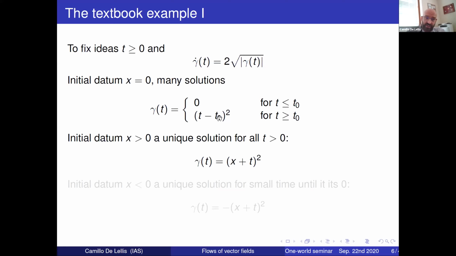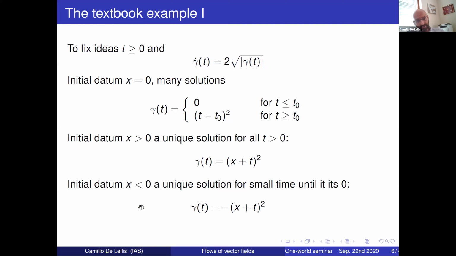On the other hand, if the initial datum is positive, if x is bigger than 0, then you have a unique solution for all time t bigger than 0, and this is the explicit solution. If the initial datum x is less than 0, you get a unique solution until you hit the origin in your space.